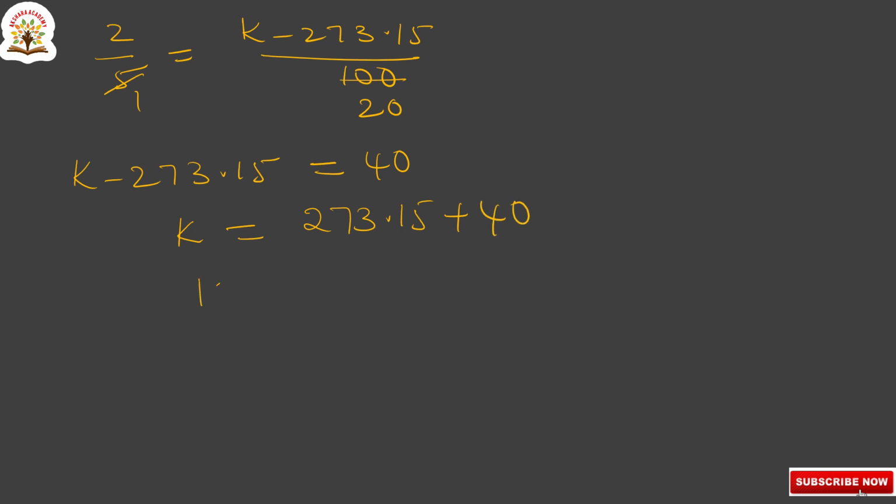So that is equals to 313.15. Okay, this is the final answer. Therefore, K is equals to 313.15 kelvins. This is the final answer. Okay, next we will go to the next one.